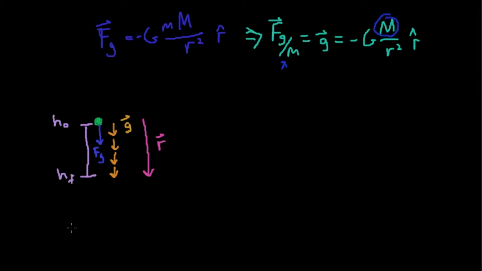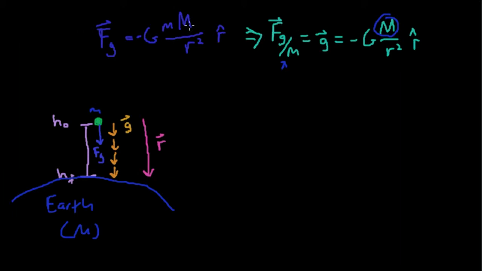So if we go to an example over here, let's say that this is on the Earth, right? So this is the Earth down in here. So that's going to be our big M, and then this would be our little m right here. And I don't know what the mass of this little m is, but one of the things that does occur, and hopefully you remember from last year, is that the acceleration of this little mass m, this ball, will be the same regardless of the mass of the ball.